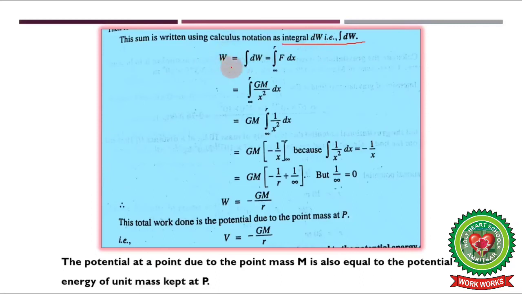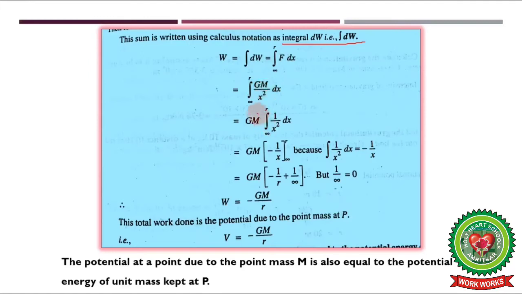Here we are going to find the total work done, which is equal to the integration of dW, the smaller work done. And one more thing, we are moving the object from infinity to a certain distance r. So we will write upper limit r and lower limit infinity, F dx. Now the value of F is GM upon x square into dx.